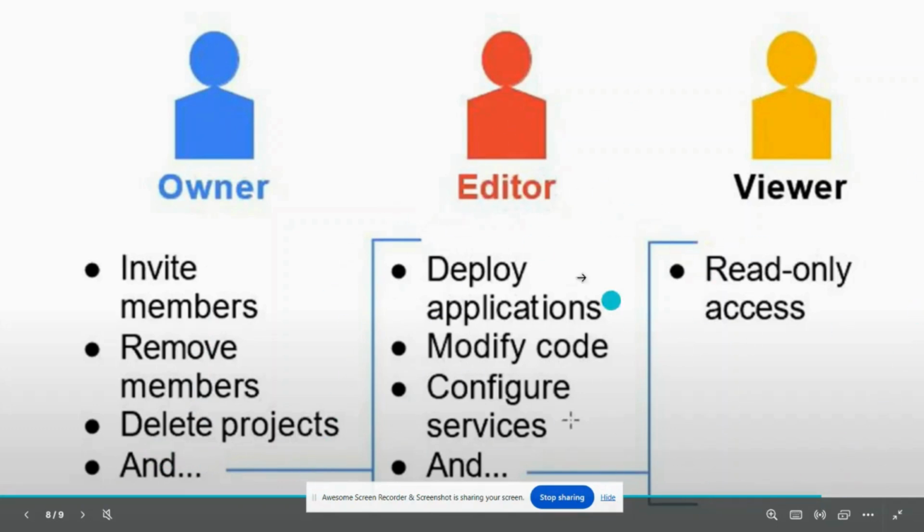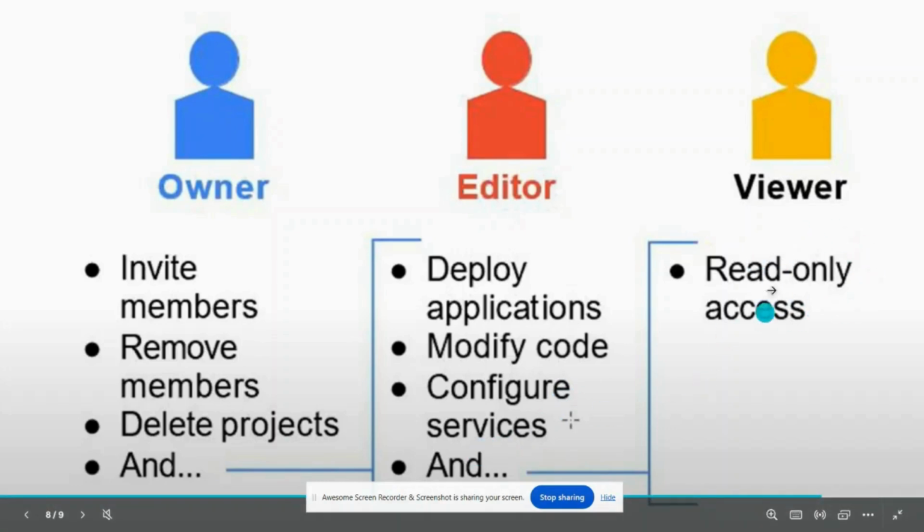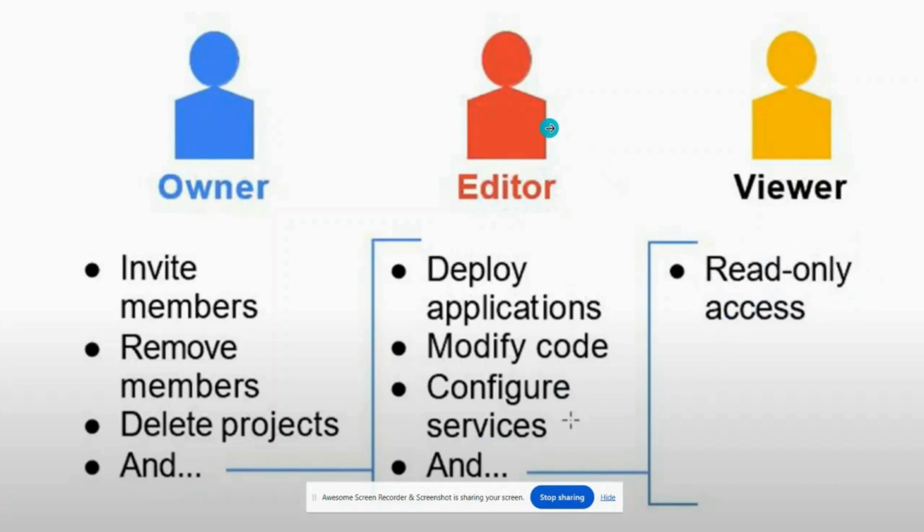Means he can deploy the application, modify the application, configure the application, and perform read only. Coming to the editor, he can deploy, modify, configure, and read. Coming to the viewer, he can only perform the read operations.